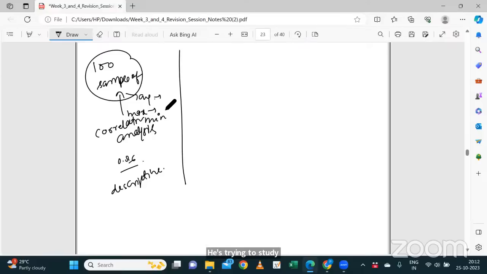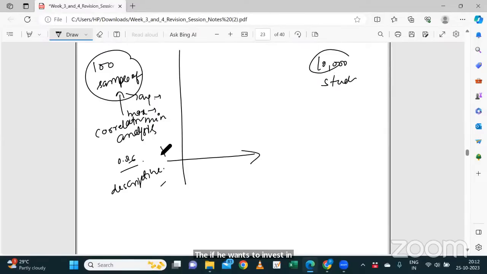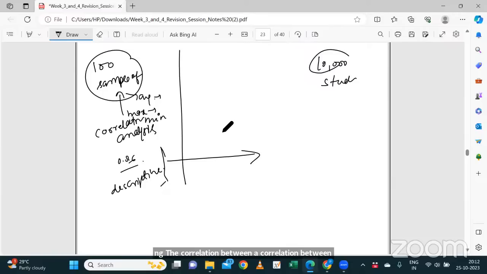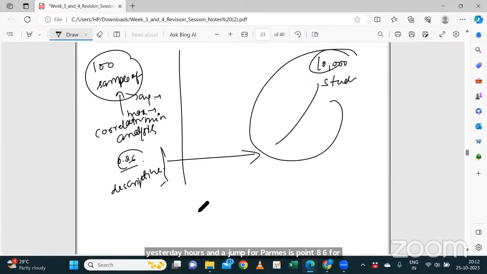Let me clarify. It will be inferential when, suppose there are 10,000 students, and after doing this analysis on your data set, you say the correlation between study hours and exam performance is 0.86 for these 10,000 students. Then it will be inferential.